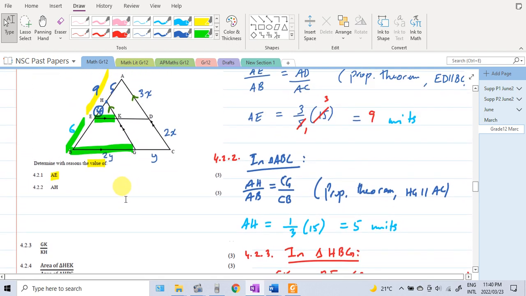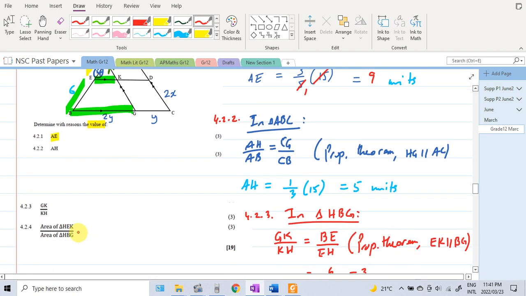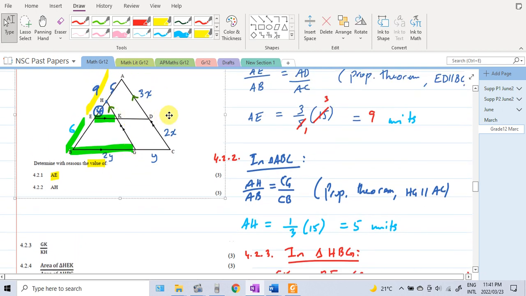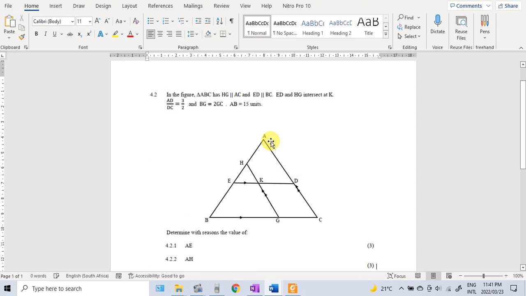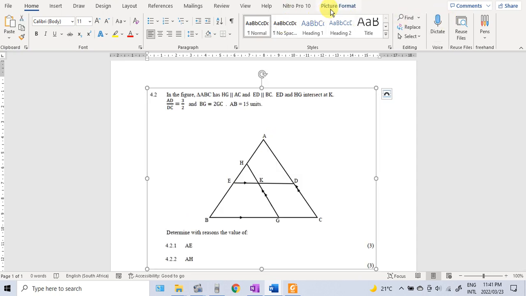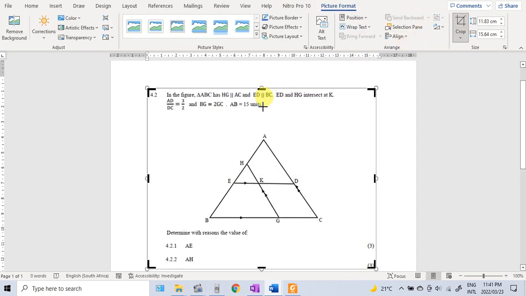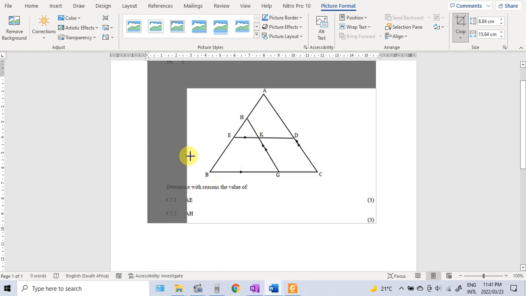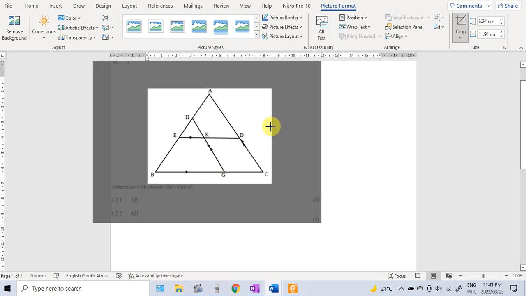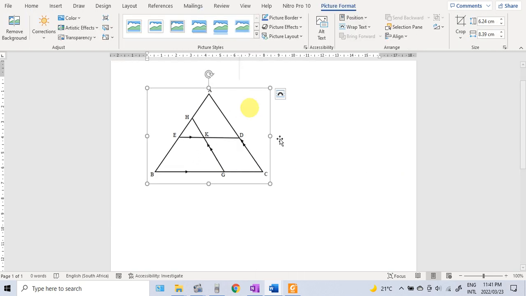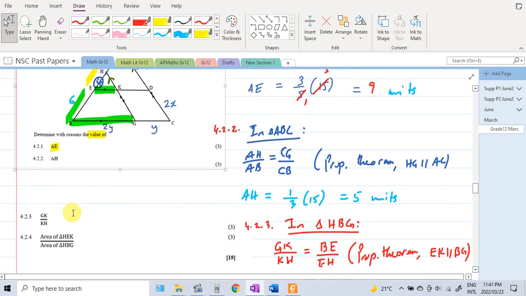Right, now next one, we want to find the ratio of areas. Now when we're finding the ratio of areas, let me just take this triangle again. I just want to crop it out quickly, so we can actually see that triangle, because the previous triangle I've written too much stuff on.